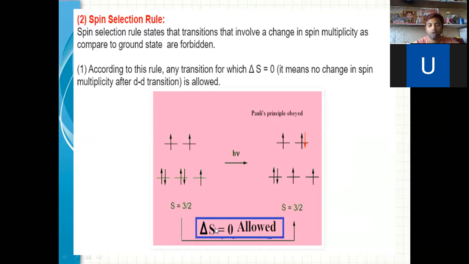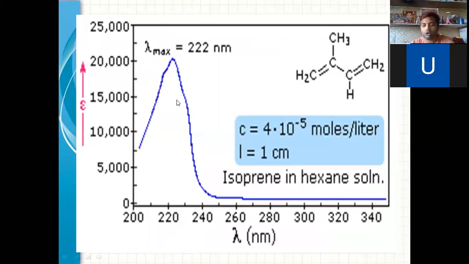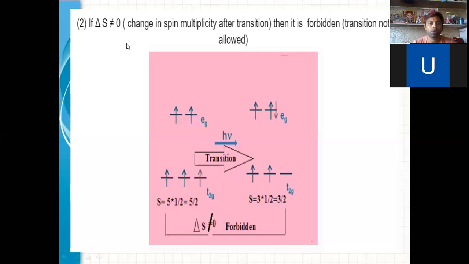You can see here, after absorption delta S is 0, so this transition is allowed. If delta S is not 0, that is, a change in spin multiplicity after transition, then it is forbidden.